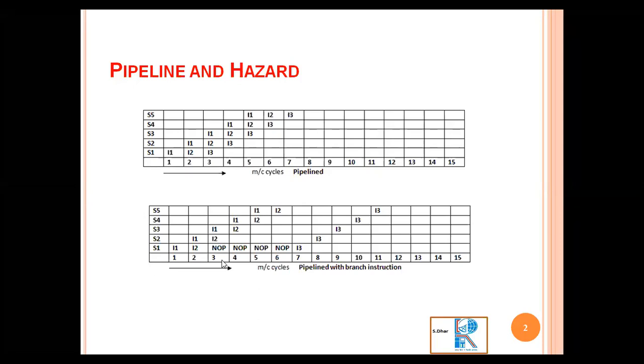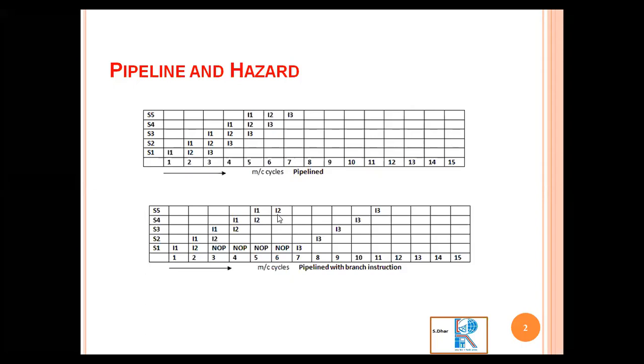Clear? So in this case, see here, I2 is a branch instruction. So after the completion of I2, only then can another instruction, it may be I3 or I4, be started. Otherwise it should be NOP. NOP means no operation. That means after I2, since I2 is a branch instruction here, the processor cannot start any other instruction.